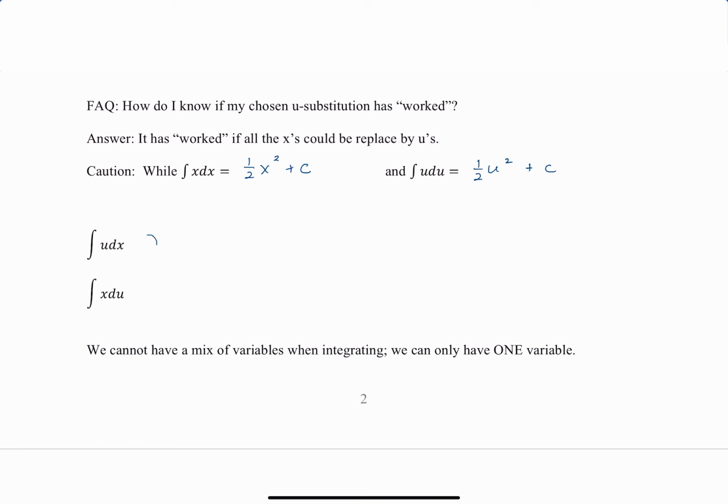Neither of these will be 1/2 x squared plus c or 1/2 u squared plus c, because the variables don't match. So we don't know what the integral of u with respect to x would be, and we don't know what the integral of x with respect to u would be.